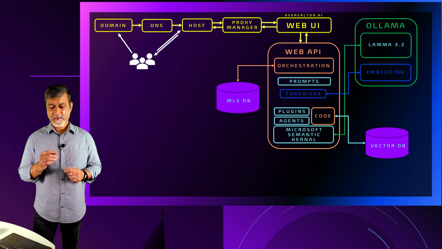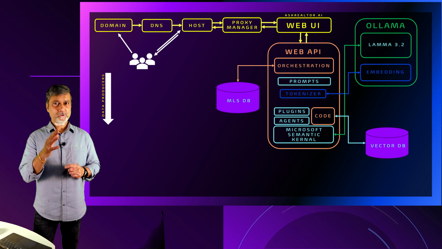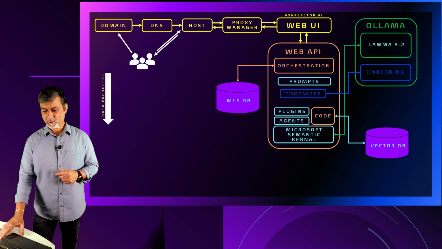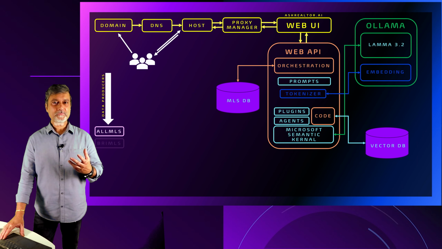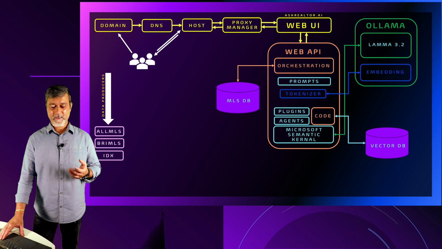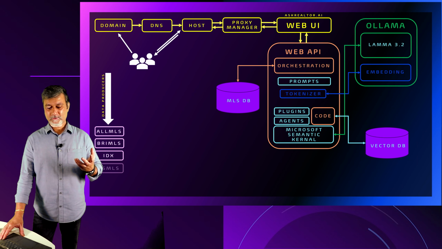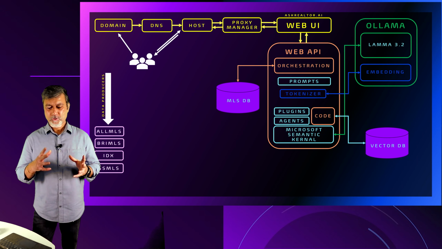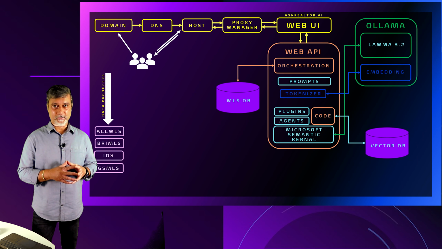And then I'm also going to show you how to get the latest market data. This is the fun part. There are a lot of data producers out there for market data. For example, all the different MLS companies, like Bright MLS, IDX companies, GS MLS, many MLS. Those are the data producers.